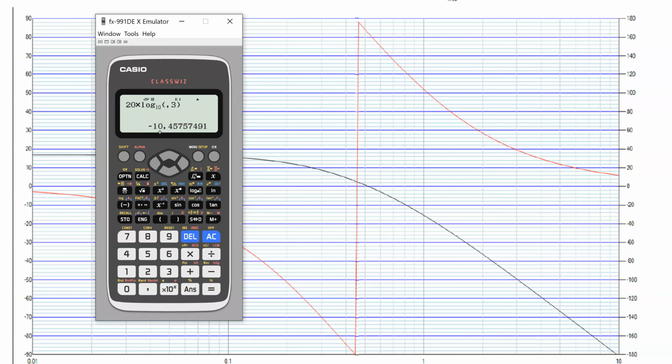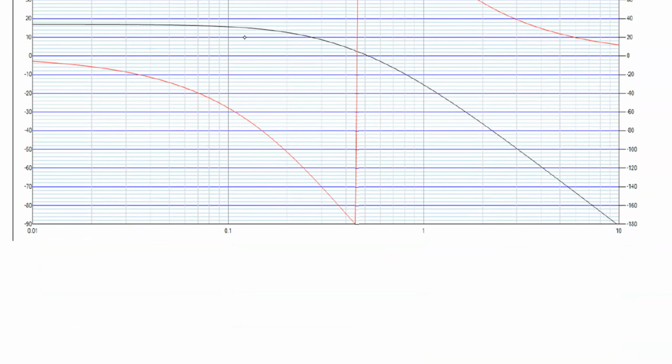So the gain is negative 10.5 dB. Let's make a note. The gain of the P controller is 0.3, and we convert this into negative 10.5 decibel.